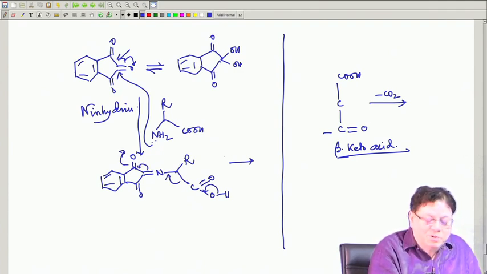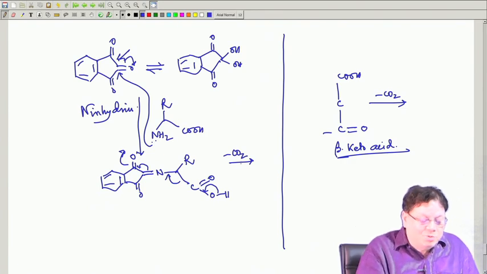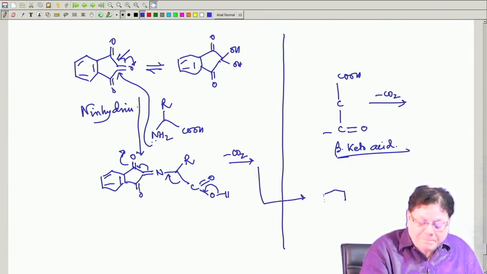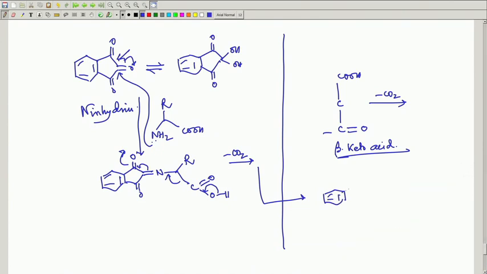So, it loses carbon dioxide, and as it loses carbon dioxide, what is formed is this, O minus, and then you have this N. This is a very good way of decarboxylating amino acids. Because decarboxylation is not very easy.